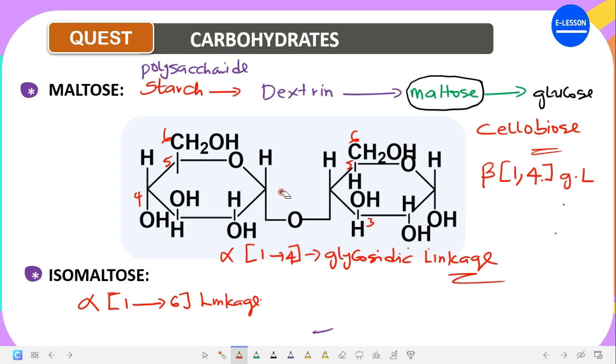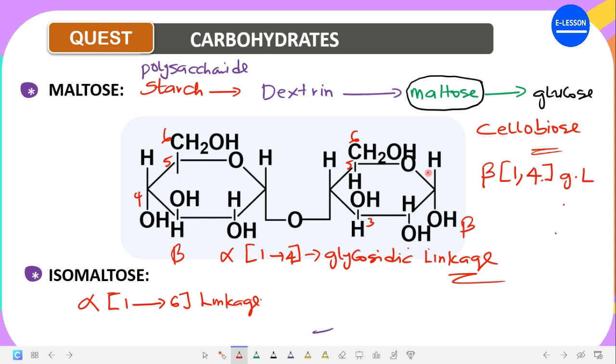The carbons that actually link in cellobiose are this OH carbon here. Are you getting it? The OH carbon here is linking to the OH carbon of this other part here. So it's like you having a beta glucose and a beta glucose unit. So cellobiose is two beta glucose units coming together.